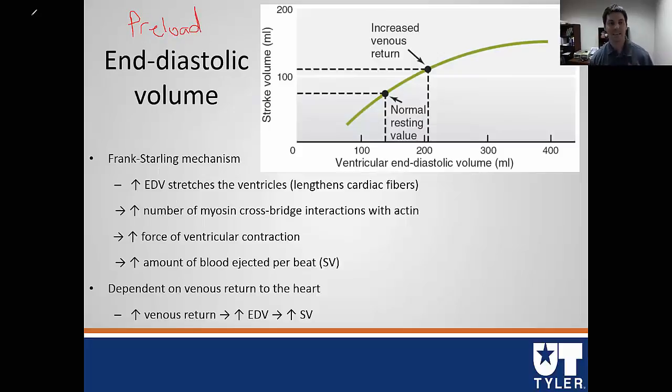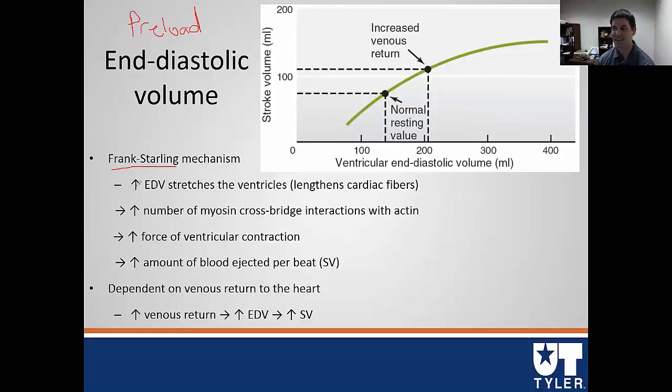The idea is that as the amount of blood that goes into the heart increases, as it fills, the more blood that fills into the heart, the fuller it gets, the stronger the contraction will be, and the stronger the contraction, the more blood that will pump. It's a very famous mechanism. It's termed the Starling mechanism.